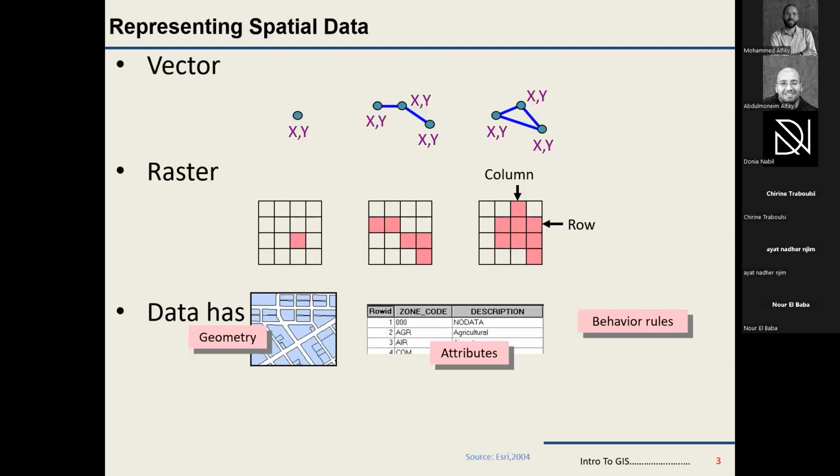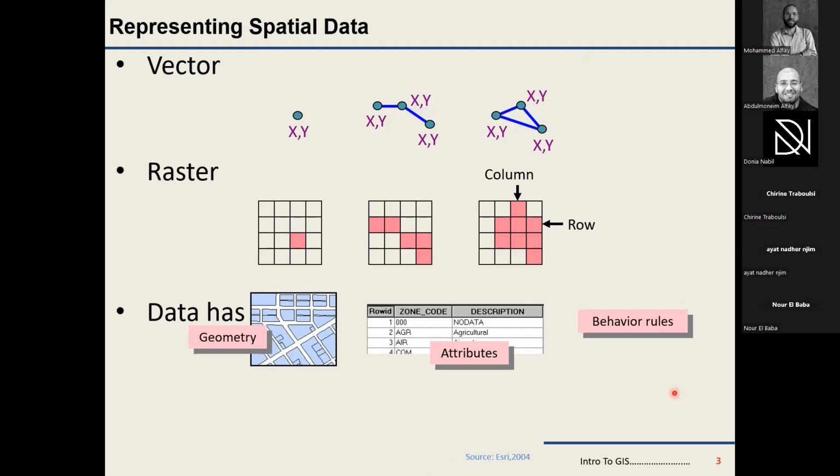The main thing we have is, are we going to store the data as vector or as raster? And this also comes with its own issues, like what are the geometries, how would the attributes look, and are there any behavioral rules?